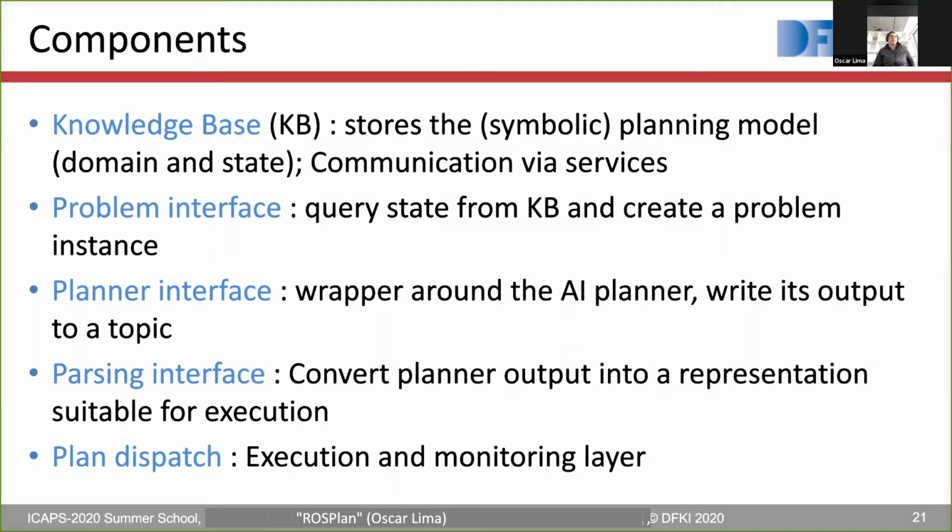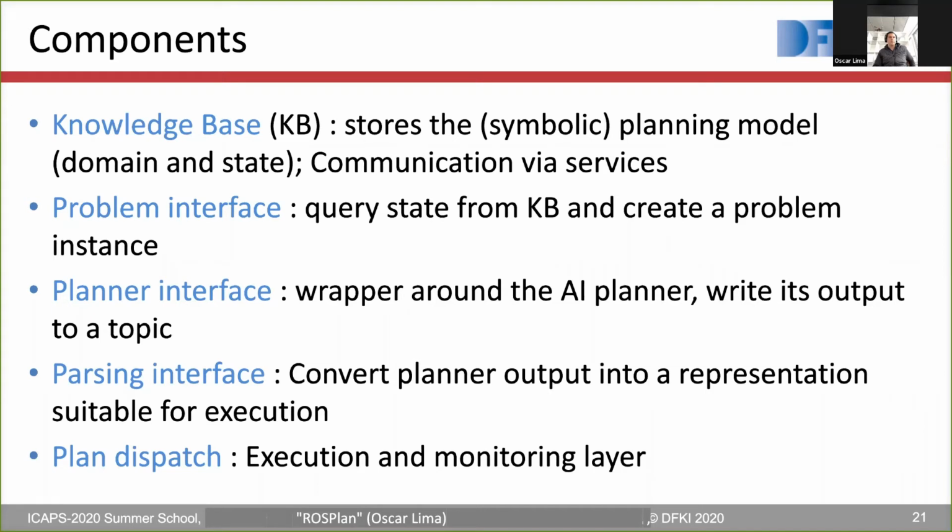The next component is the problem interface. Like I said, you query the knowledge base snapshot and you create a problem. So this would be like a PDDL problem that will ultimately feed the planner. And then the planner interface is a wrapper around your AI planner, and you will write the output of this planner to a topic as a big string.